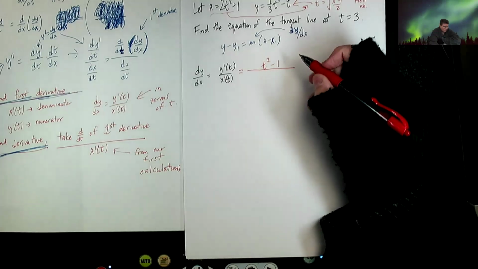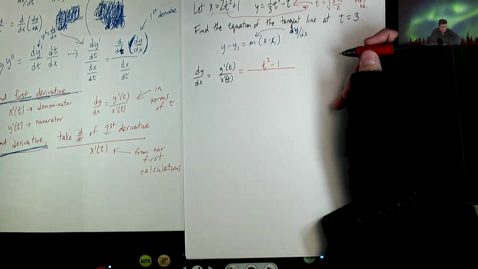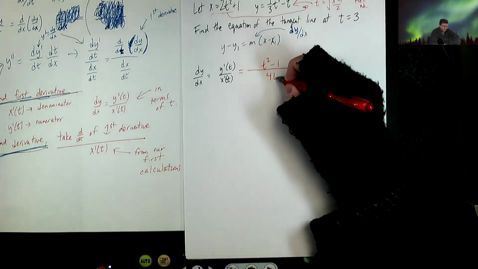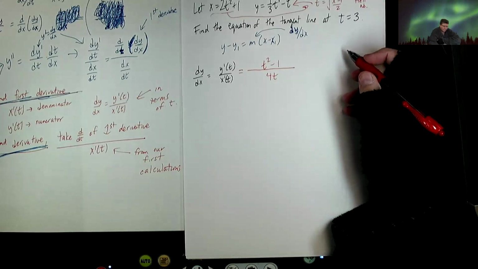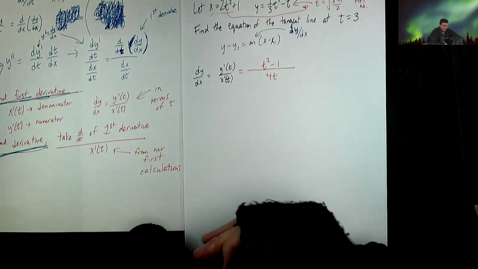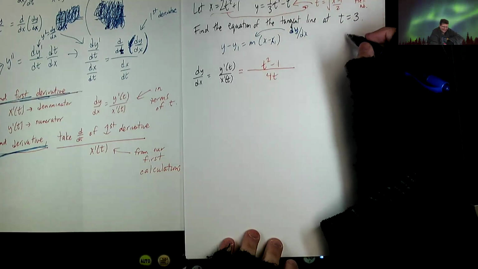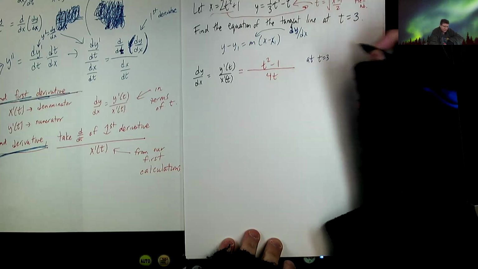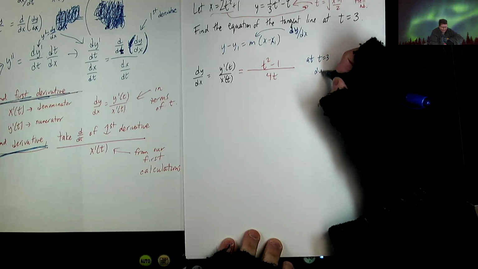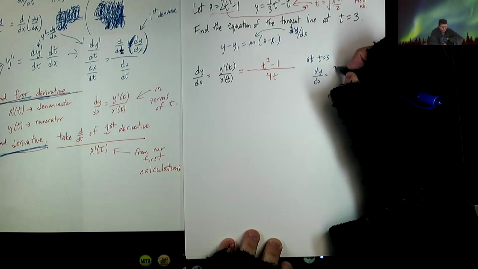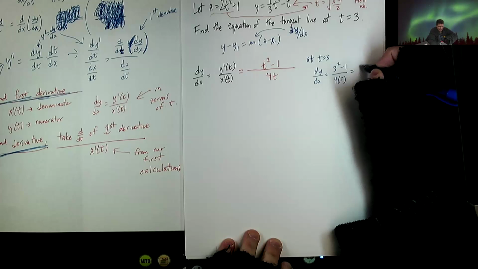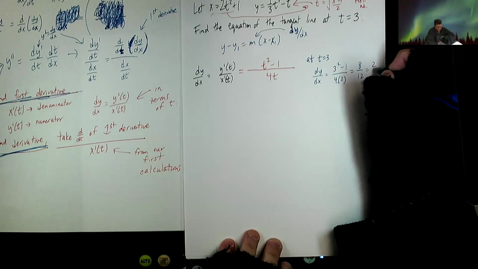What is x prime of t looking like? 4t. So we want to find the slope at t equals 3. At t equals 3, dy/dx looks like 3 squared minus 1 over 4 times 3. 8 over 12 is 2/3.